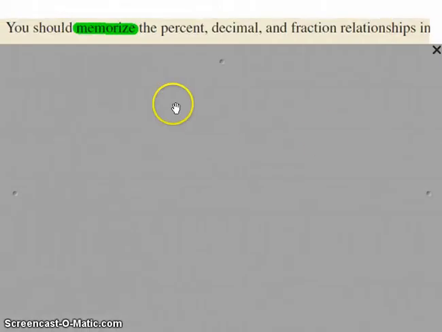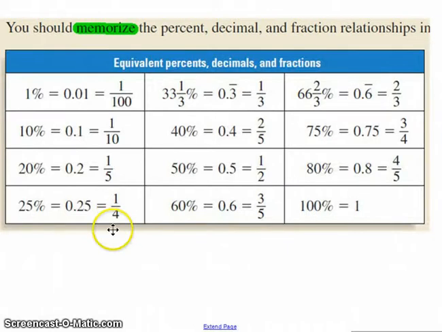Next slide. There are some situations you're going to have to memorize. They're going to come up so often in your life that you really ought to know these. For example, you ought to know that 1 out of 100, which is 1 penny, for example, is the same thing as 1%, or 1 century, is the same thing as 0.01. If I start you at any of these places, if I told you 0.01, you should know that's 1 out of 100. You should know that's 1%.